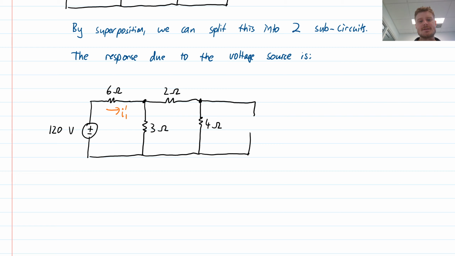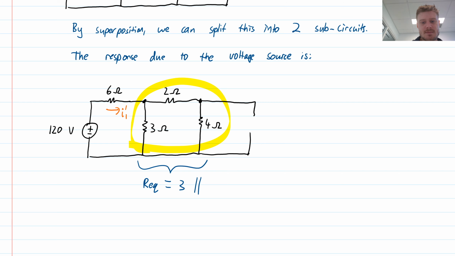So I can now analyze this circuit. And this one is fairly straightforward, right? I basically can simplify this network of resistors. In particular, this little branch here, this portion would simplify to an equivalent resistance, which is 3 ohms in parallel with 2 plus 4.